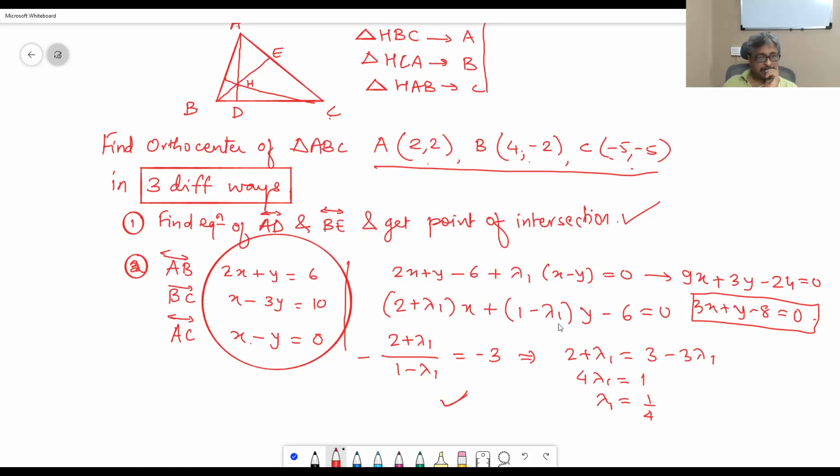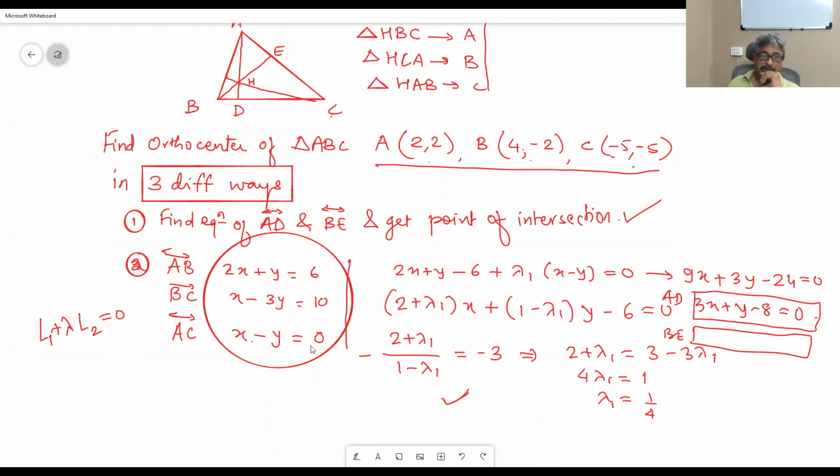But if 3 lines are given, maybe use L1 plus lambda L2 is equal to 0 to find out AD. Similarly, BE, and get the point of intersection. In that case, you need not find out the points of intersection of these 3 and go back to this. You can directly get it.